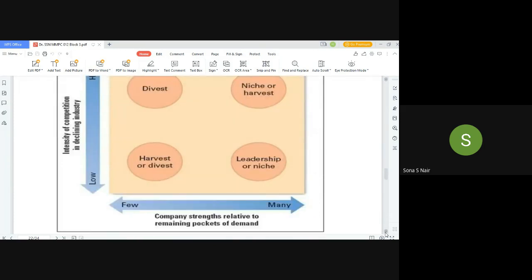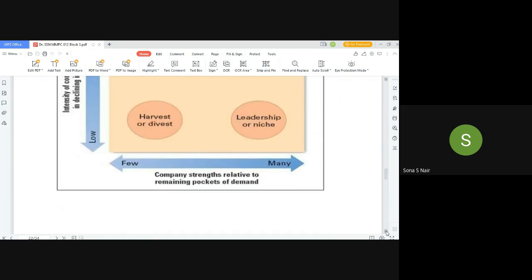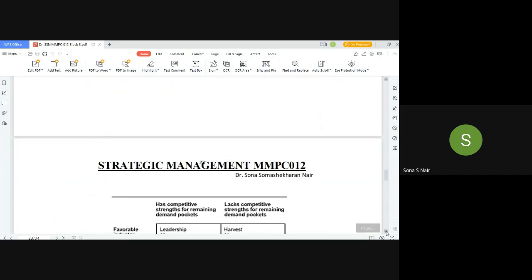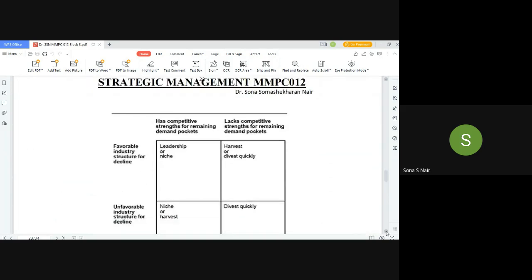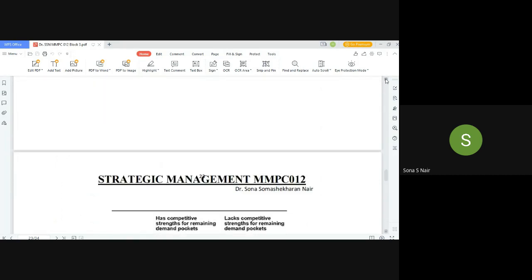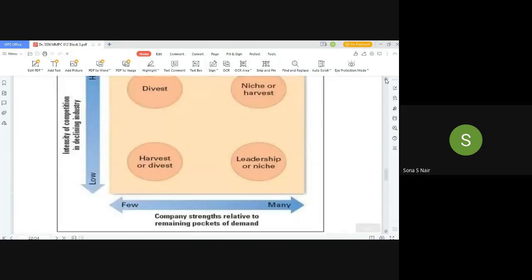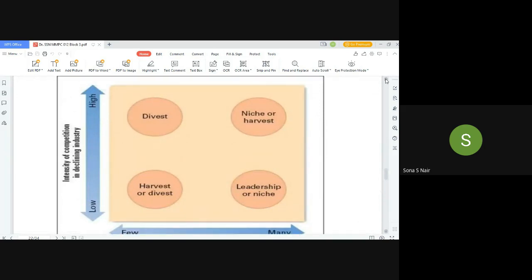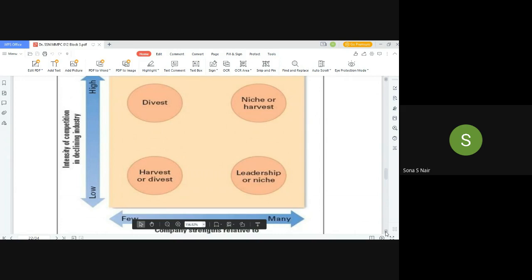So if you look at something like this, we'll go and read them in detail. But there are a couple of theories which help us understand what is going to happen in a declining marketplace, declining industry.